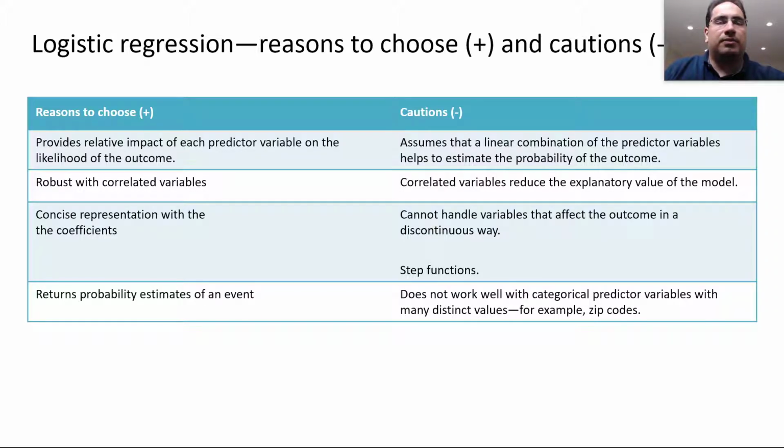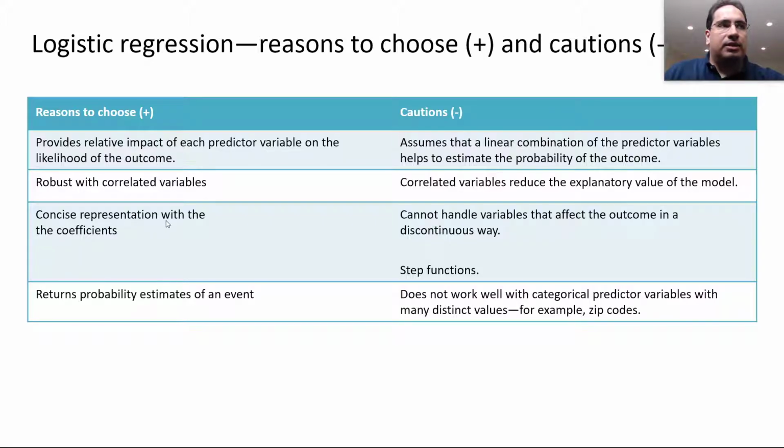So again, there are some reasons to choose logistic regression. It provides the relative impact of each predictor variable, which is a great way to have a model that is explainable to the users. It's robust with correlated variables; the signs may not make sense, but it's going to work.